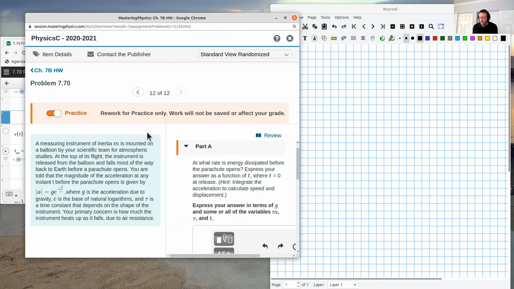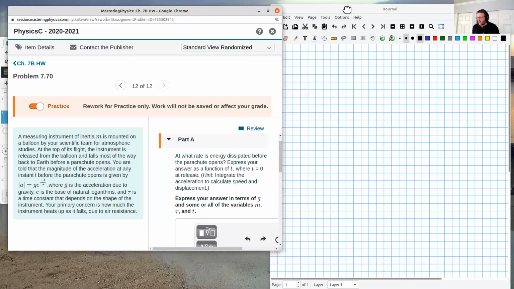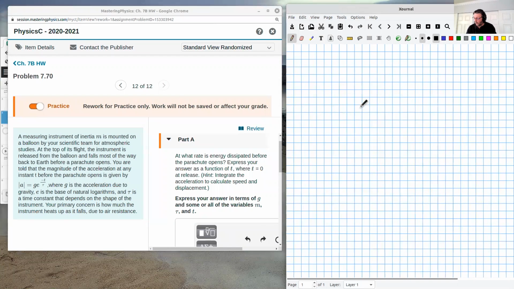So the problem is imagining that you've got a scientific instrument that you are dropping out of the sky. It's got a mass m, it's mounted to a balloon, it's falling before a parachute opens, and as it falls, it's got an acceleration whose magnitude is g e to the minus t over tau.